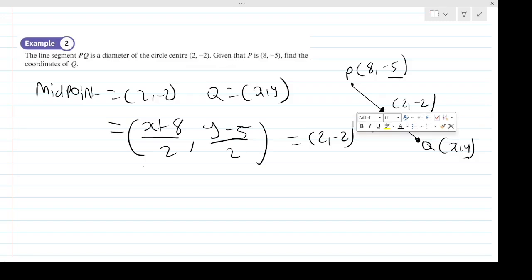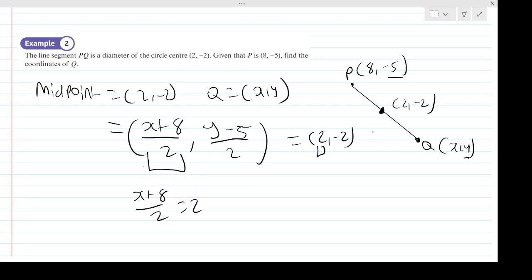So then, well, these two coordinates must be the same because they're both the midpoint. So that means we can equate the x parts together. So (x + 8) over 2 has to equal 2. Therefore, if we times across by 2, we get x + 8 is 4. Then if I subtract 8, I get x is -4. Cool. Then I could do the same for the y coordinates.